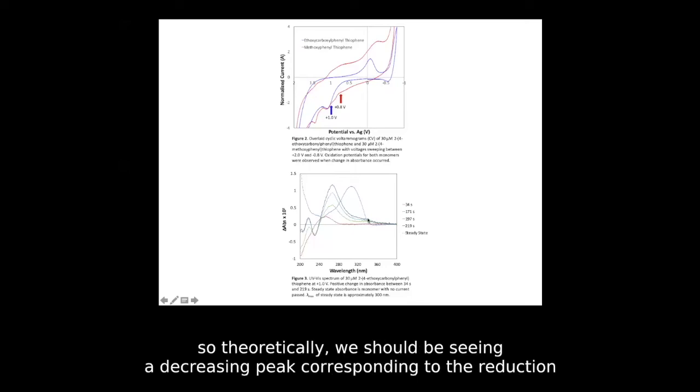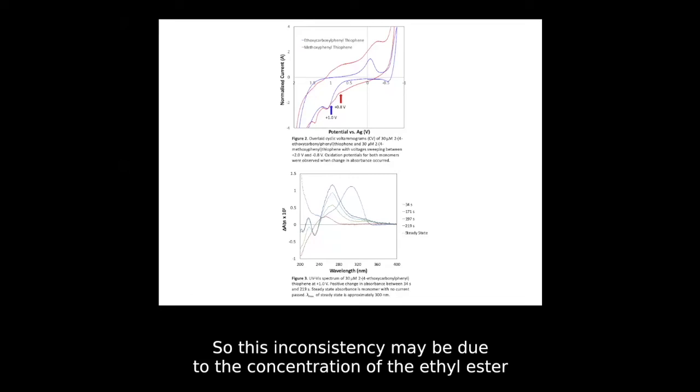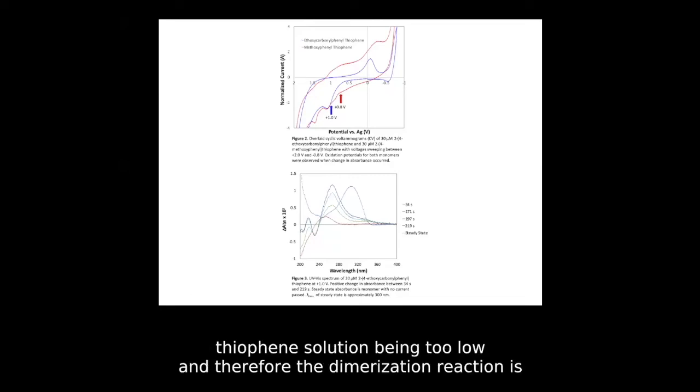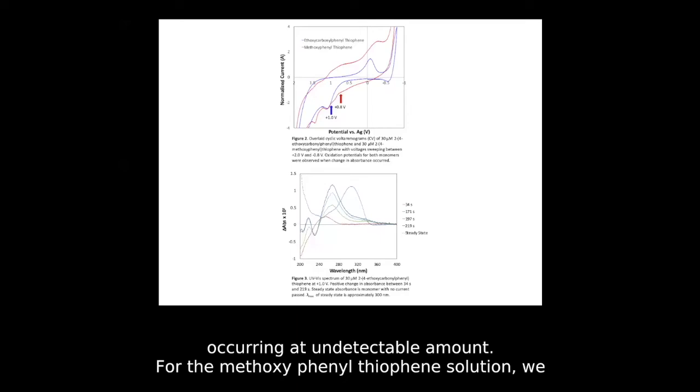And so theoretically, we should be seeing a decreasing peak corresponding to the reduction of the monomer at around 300, but we don't see that here. And so this inconsistency may be due to the concentration of the ethyl ester thiophene solution being too low, and therefore the dimerization reaction is occurring at an undetectable amount.